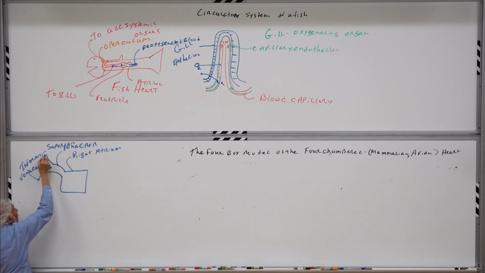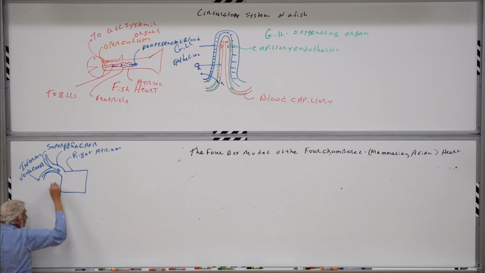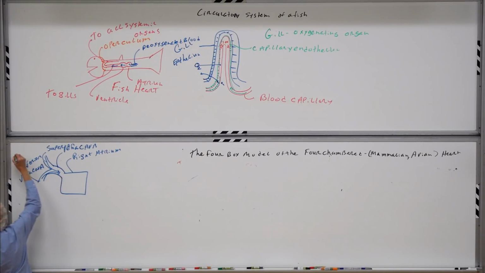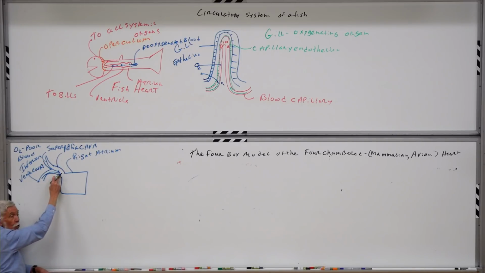The directionality of flow here is for the blood to come in this direction. And this is going to be oxygen poor blood. This is blood that has gone through the systemic vasculature, and most of the oxygen has been extracted from that blood, and the deoxygenated blood is coming back to the heart through this venous system. It's entering the heart through the vena cava.